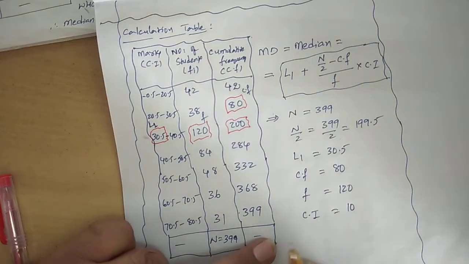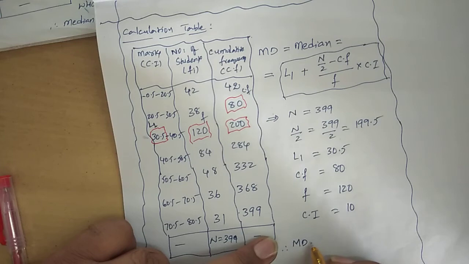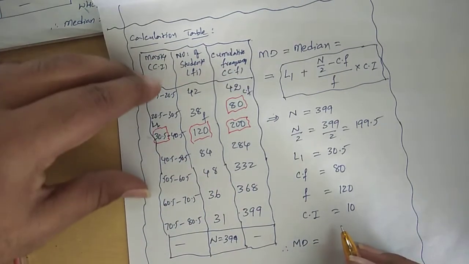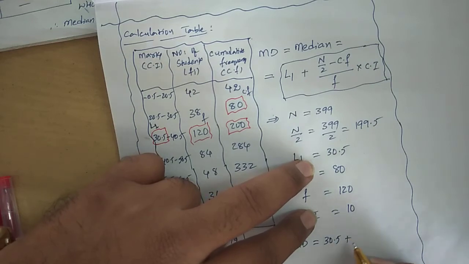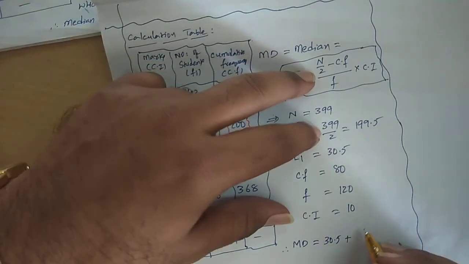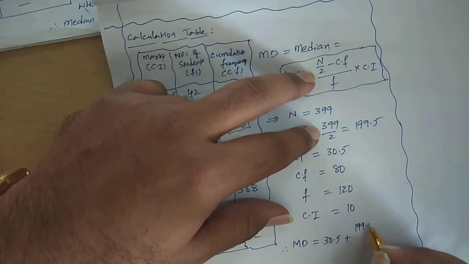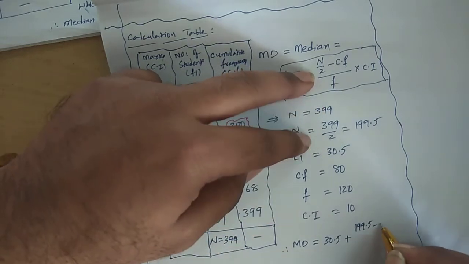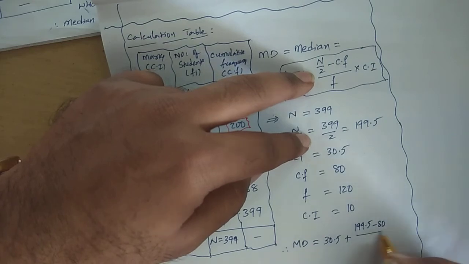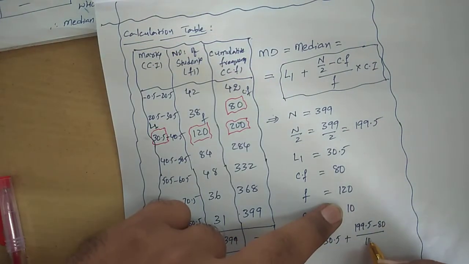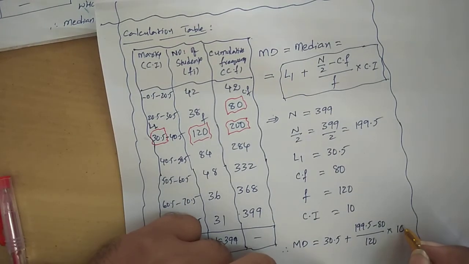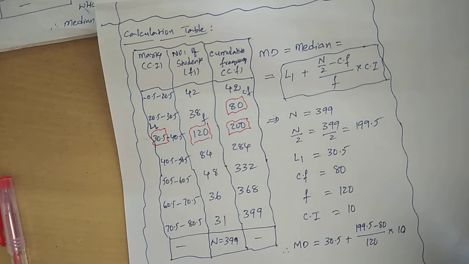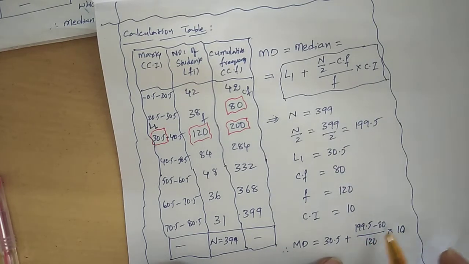Now go for calculation of the median, substitute. Therefore median is equal to, what is L1? 30.5 plus n by 2, 199.5 minus CF 80, whole divided by F 120, into 10. Okay. First you simplify this entire part.